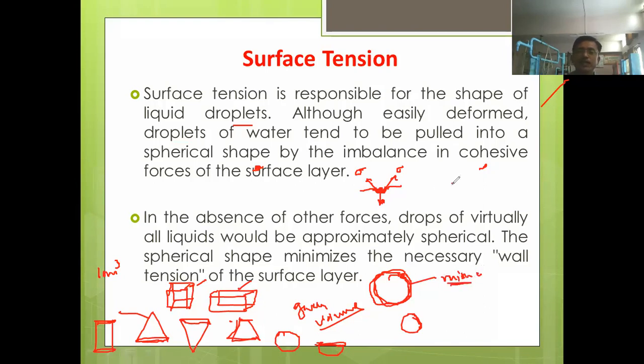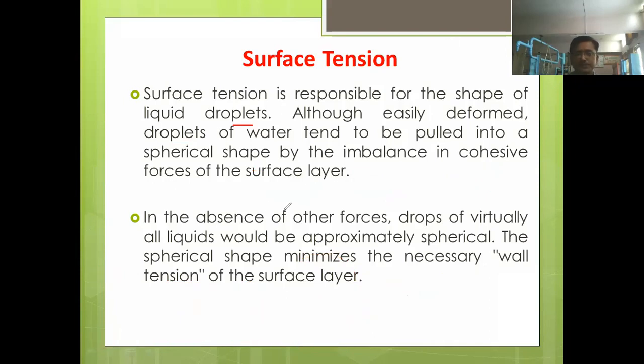So any liquid surface tries to achieve the minimum surface area. Any surface, for a given volume, tries to achieve the minimum surface area, and the minimum surface area is that of the sphere, and because of this reason all types of liquid droplets are observed as spherical in nature.